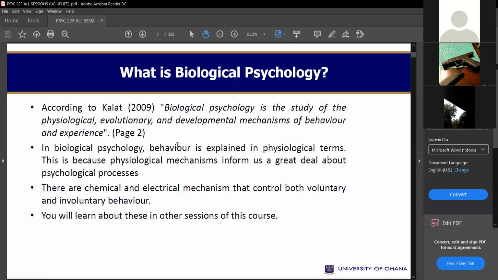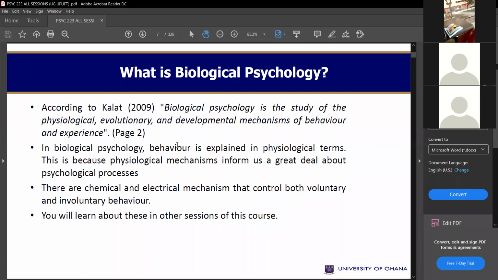You are trying to find out the physiological mechanisms that interlink with our psychological processes. And these physiological mechanisms deal with some chemical reactions within the brain and also some electrical reactions that go on in the brain.